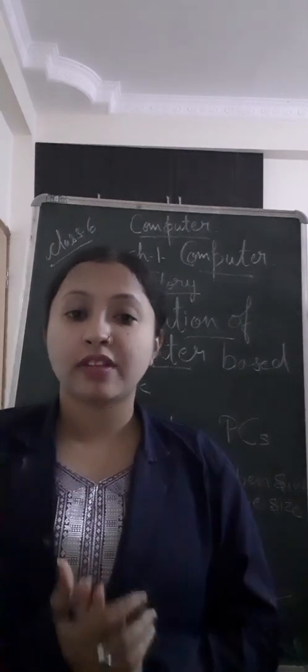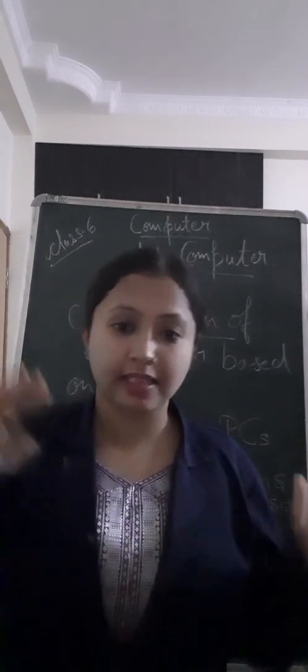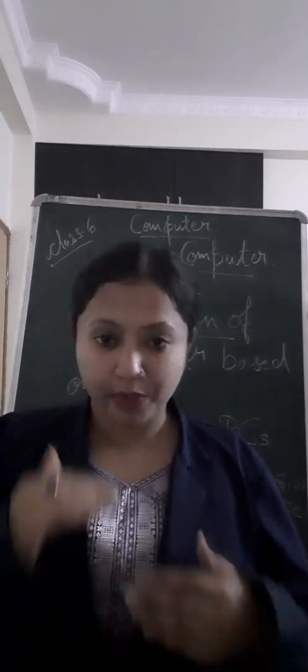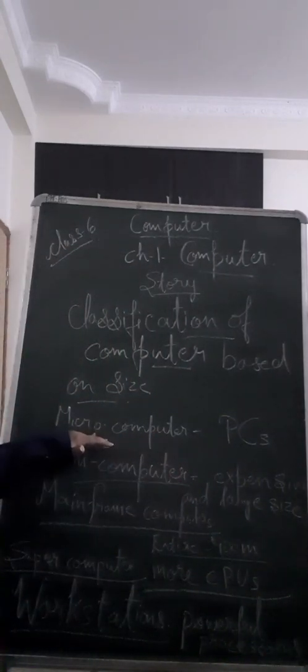Okay, so children, there are small size computers, then very large size computers, so they are classified as different computers, with different names. The very first computers which we have are the microcomputers.